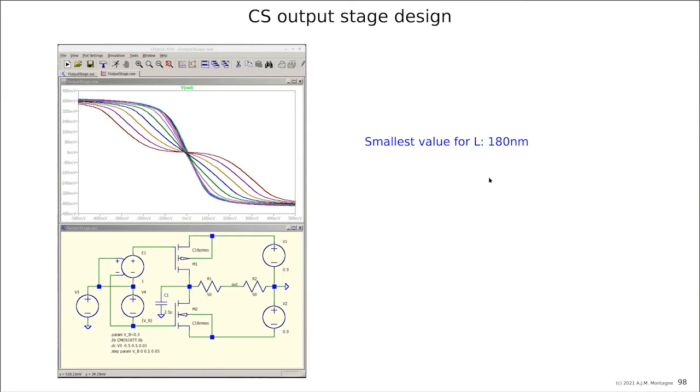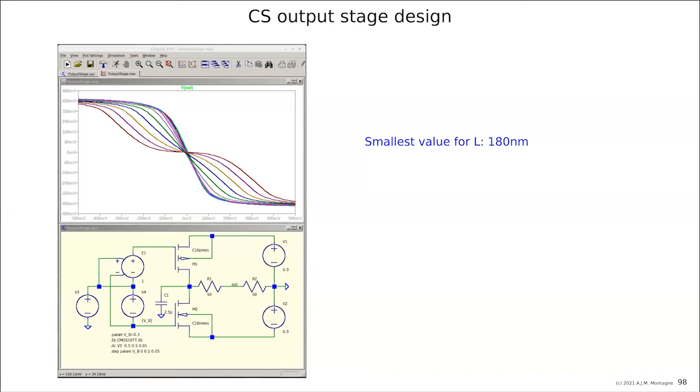Because if you take a longer value, you need, for the same current drive, a higher voltage drive, because the transconductance of the stage is lower. Which means that you might say, oh, I don't have such a drive voltage available in our power supply, and you say it is a showstopper, but it is not, because you made the transistor too long.